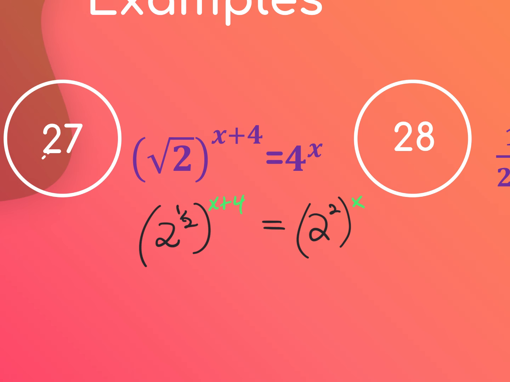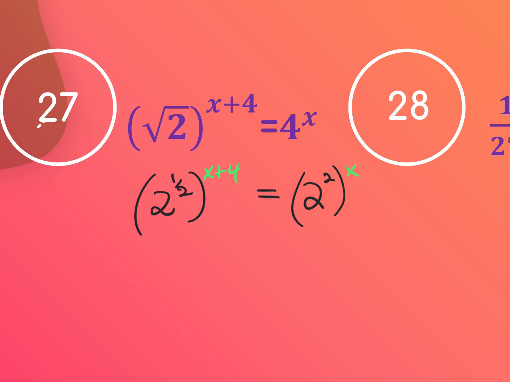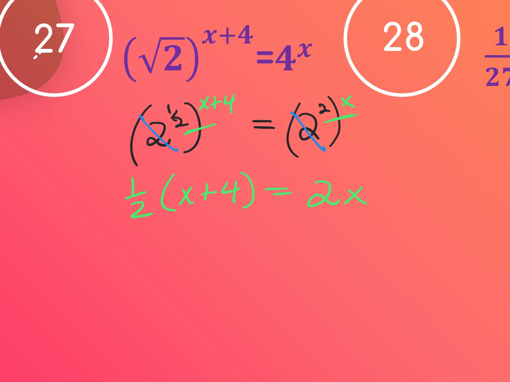Now that it has the same base, get rid of the 2's, but multiply the power to the power. So here I'm going to get 1/2 times x plus 4 equals 2 times x. I can go ahead and distribute.